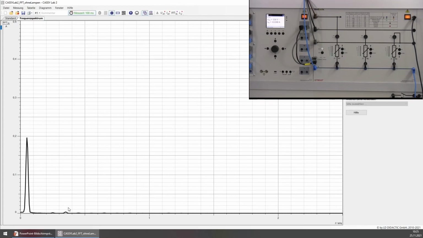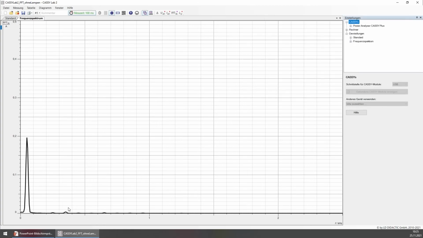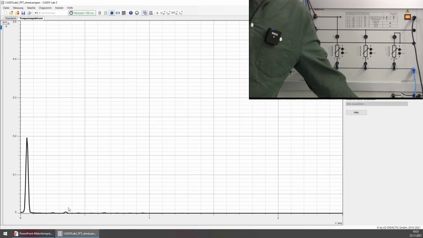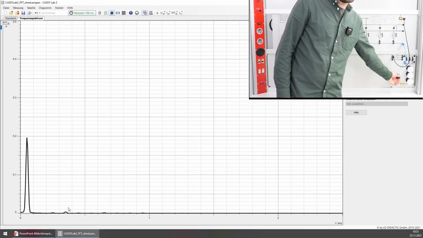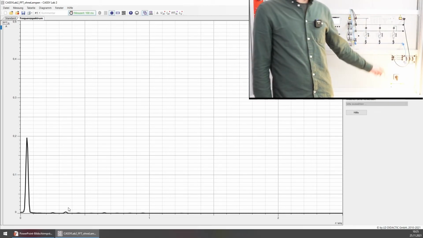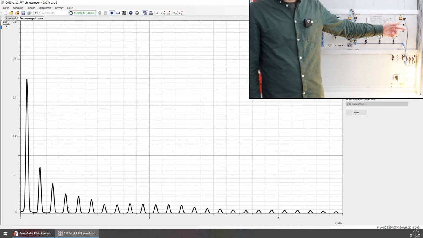When I now turn on the LED bulbs, I will go over to the experimental stand. Sorry, and switch on the LEDs. They're connected to phase 1, as you can see here.